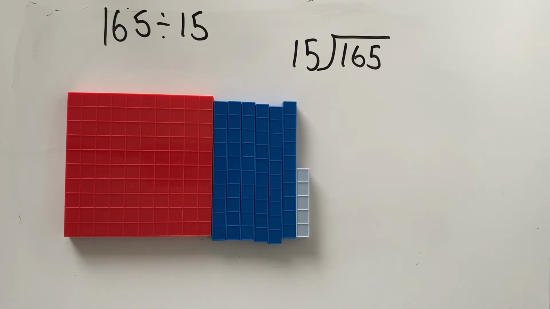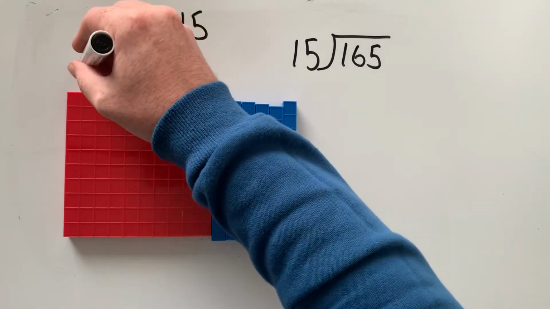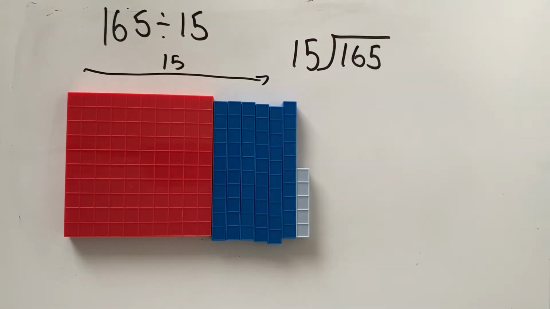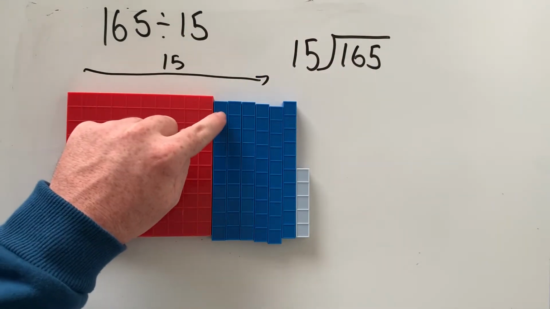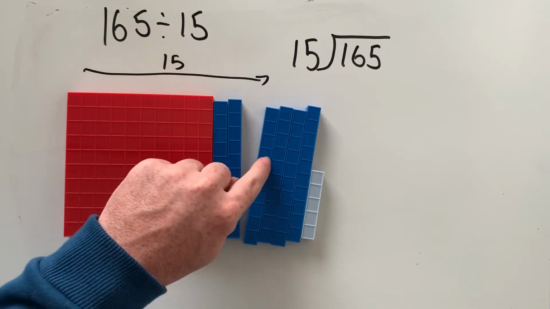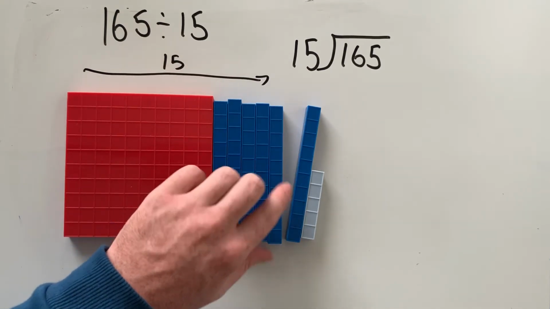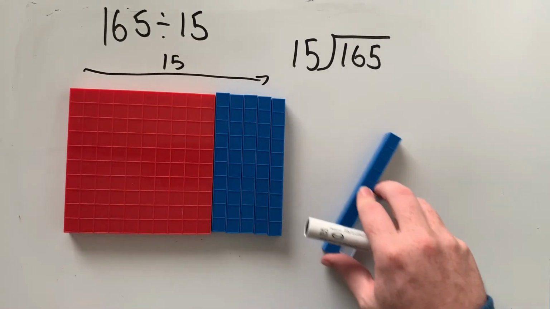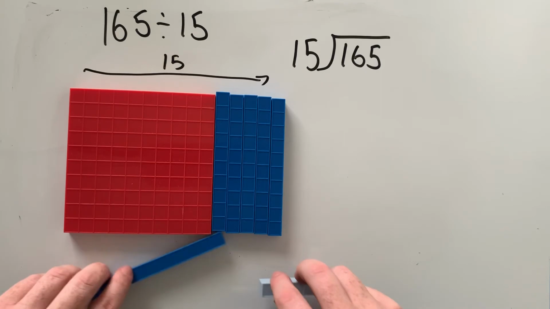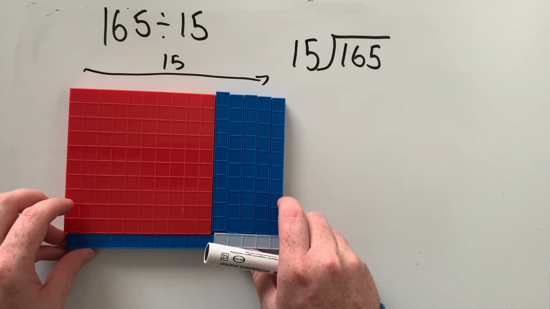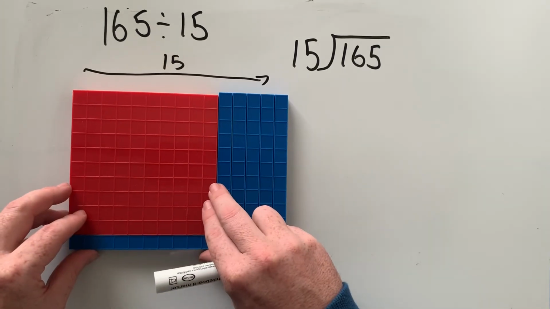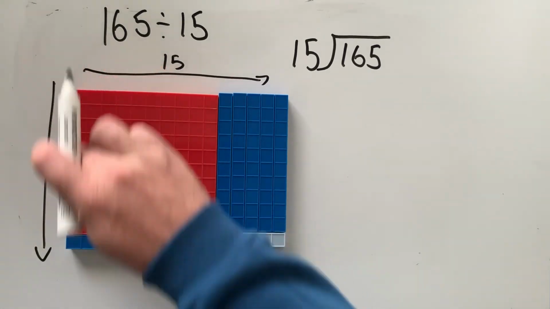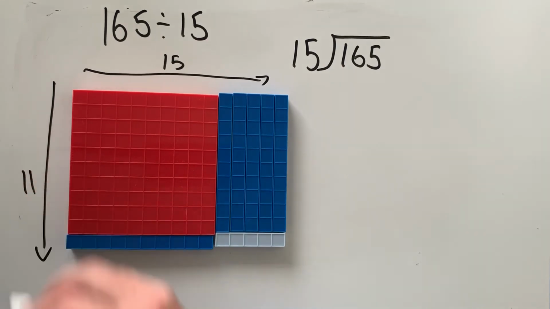Right, now I need to share going across. I need to share 15. So there's 10, 11, 12, 13, 14, 15. Okay. And then I keep going down the bottom here, and this will fit perfectly. So 165 divided by 15 is 10, 11. Our answer is 11.